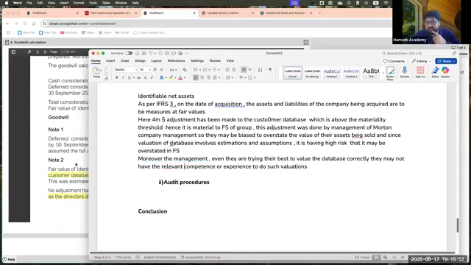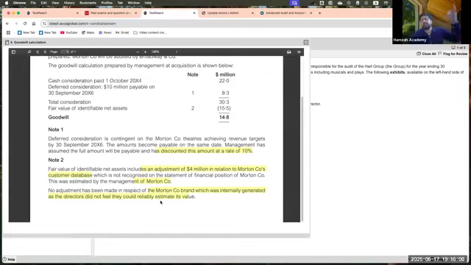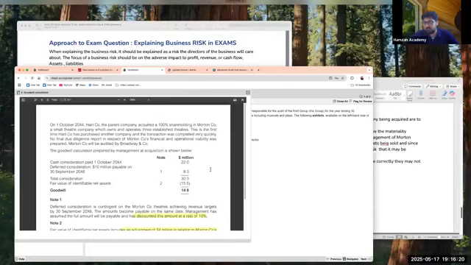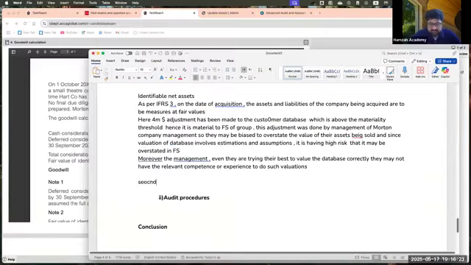Next, students, they said that internally generated brands, they did not value it. Now for Morton Company individually, it is an internally generated brand. That's correct. But now it is being acquired by Hart Company. Secondly, the internally generated brand by Morton Company was not valued for its financial statements.